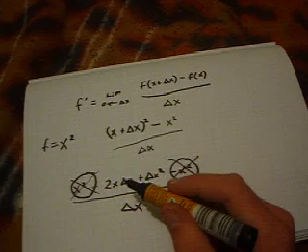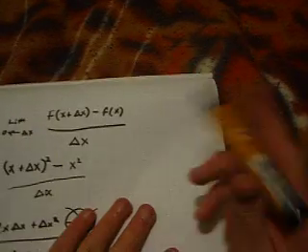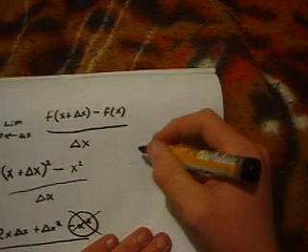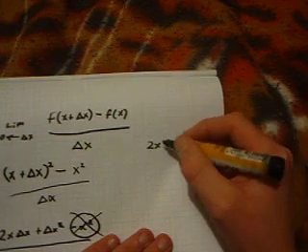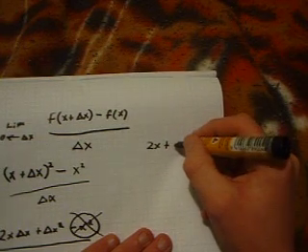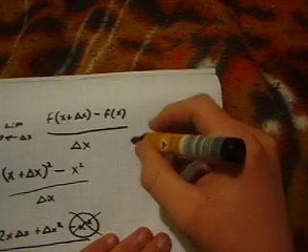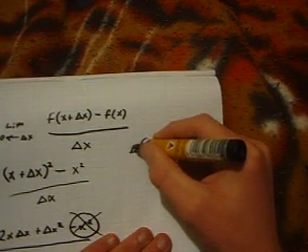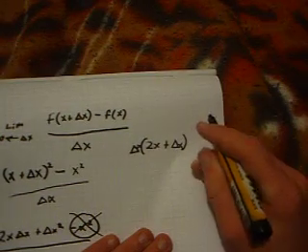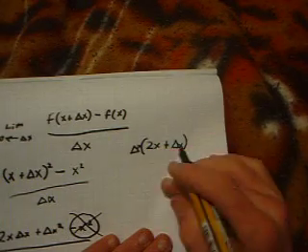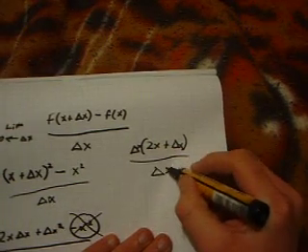Now we can factor out delta x here, which means that we get 2x plus delta x, multiplied by delta x. Sorry, I kind of left myself a lot of room there, but you can see the triangle, so you know it's delta x over delta x.